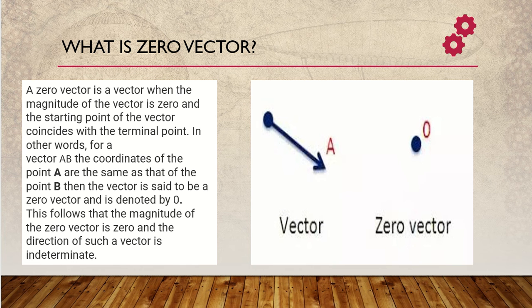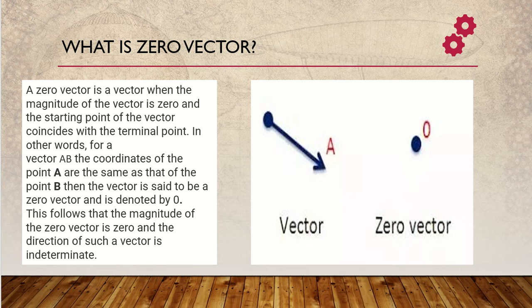What does it mean? In the first image, you can see a vector A. Here, the vector starts from a point O and ends at the point A. The point O is called the starting point and the end point A is called the terminal point. In the zero vector, the starting point and the terminal point both coincide with each other.